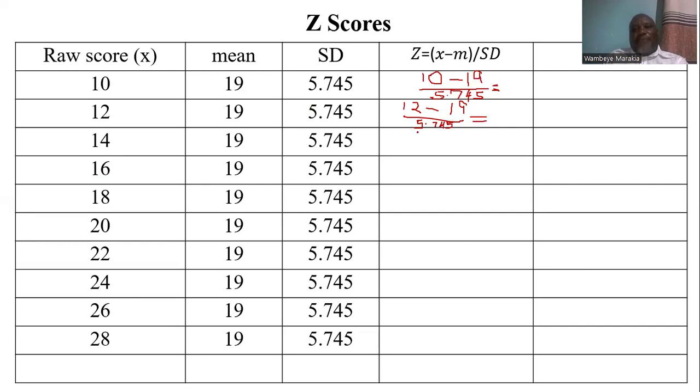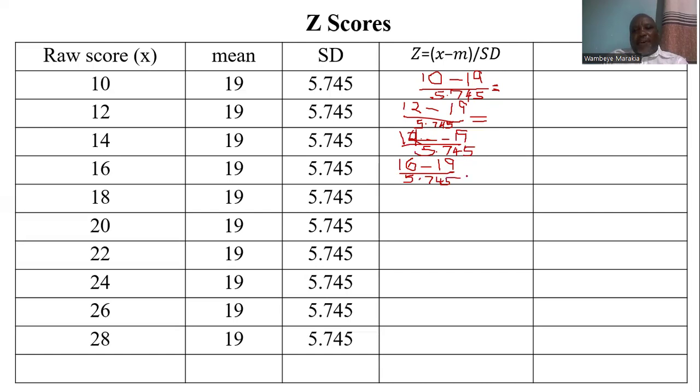Then here we have 14 minus 19 all over 5.745. In this row, we have 16 minus 19 all over 5.745.